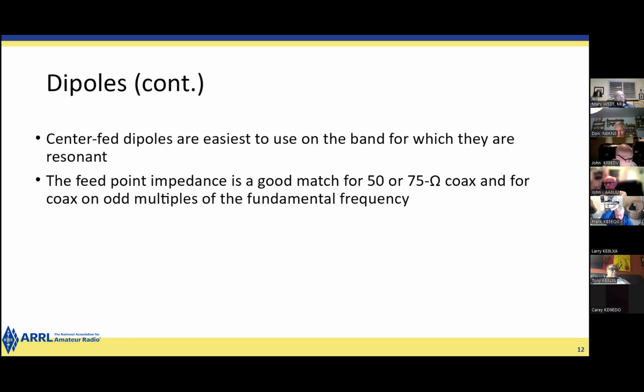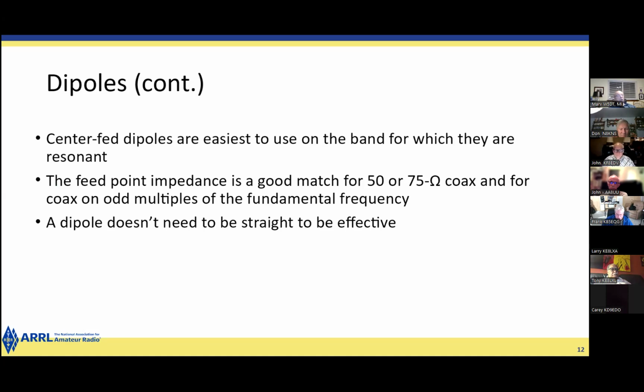I get between 1.5 to 2 SWR on 40. Works well on 30. Works well on 10. It works well on 15.